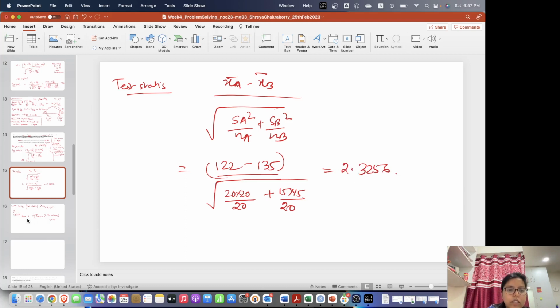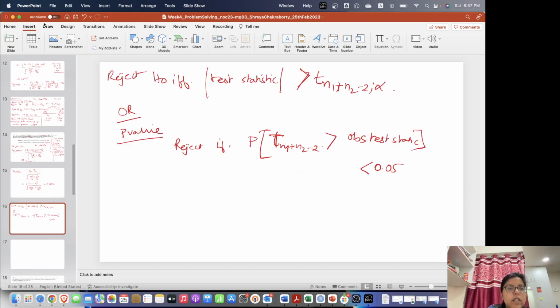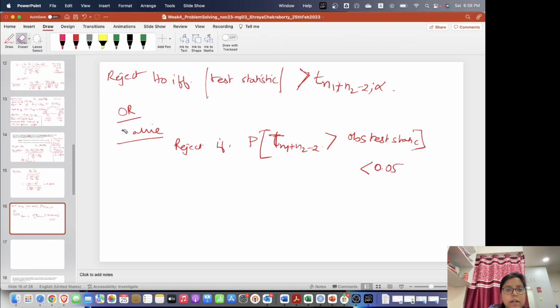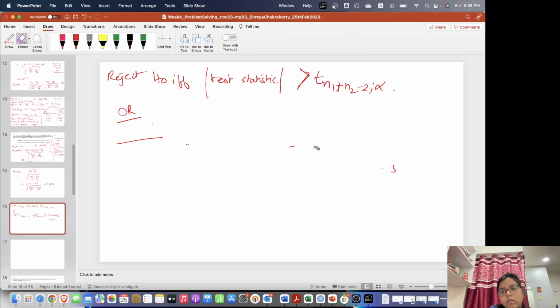So here we'll use this one. This is better. Here the degrees of freedom was N1 plus N2 minus 2, that is 40 minus 2, so t 38.